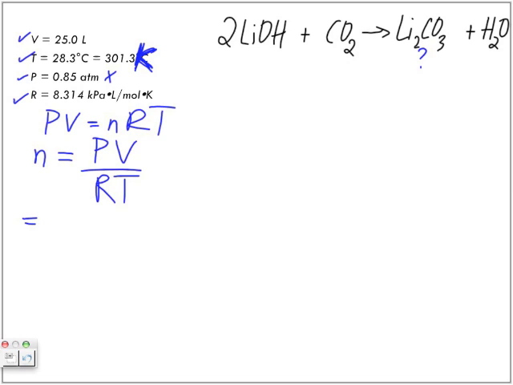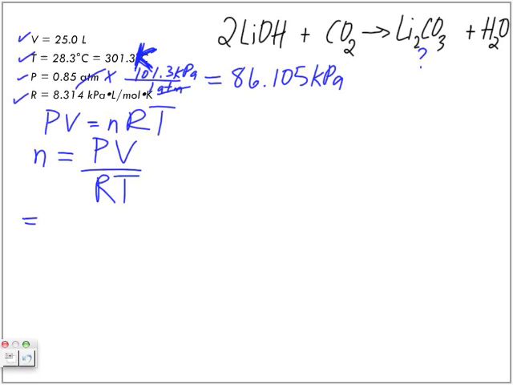So we're going to multiply it by 101.3 kilopascals, because 101.3 kilopascals is equivalent to 1 atmosphere. So atmospheres will cancel out. 0.85 times 101.3 kilopascals will give me a pressure of 86.105 kilopascals. So let's use that new number now.